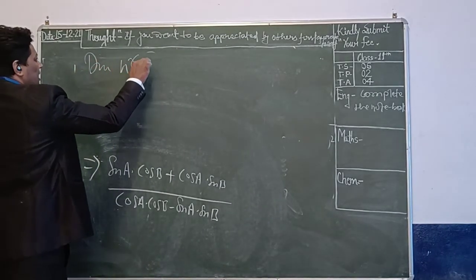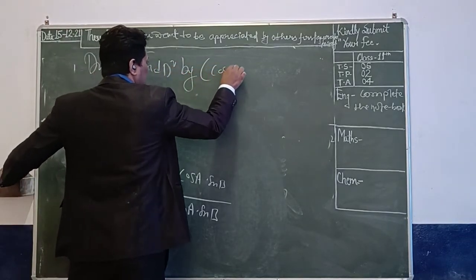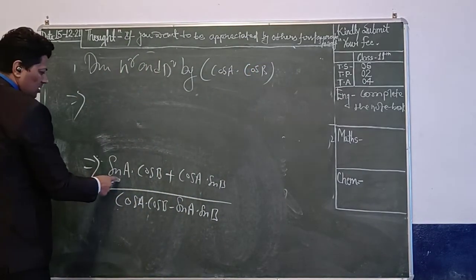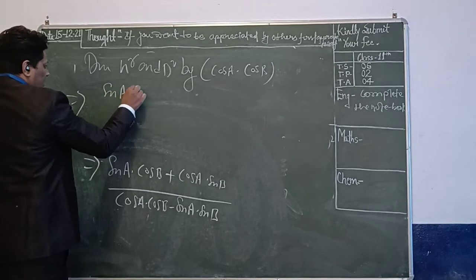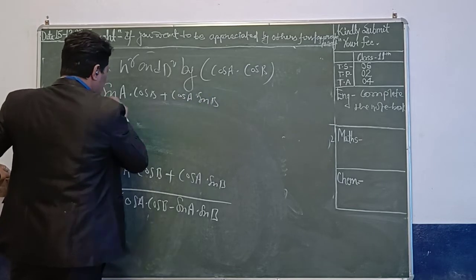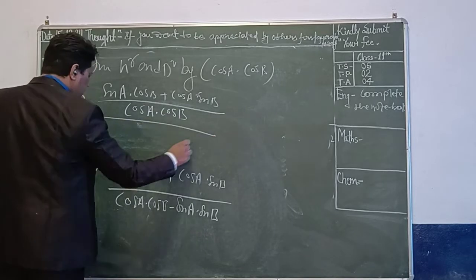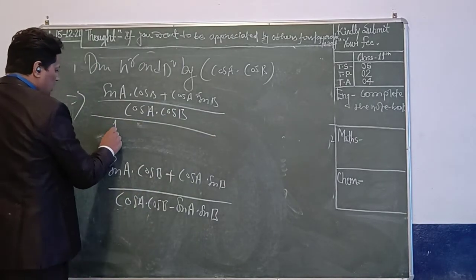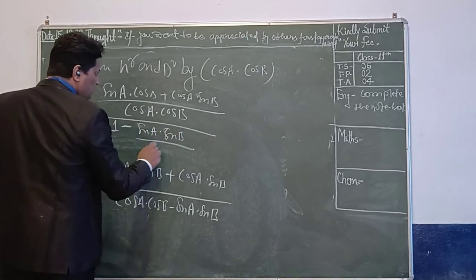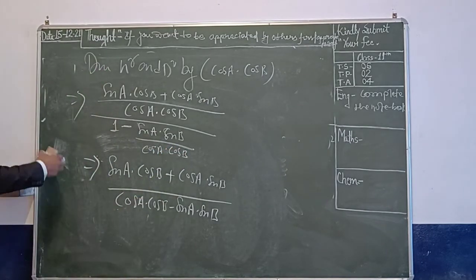Dividing the numerator and denominator by cos A into cos B, so you can divide: sin A into cos B plus cos A into sin B, divided by cos A into cos B, and the denominator you get 1 minus sin A into sin B divided by cos A into cos B. Is it clear?